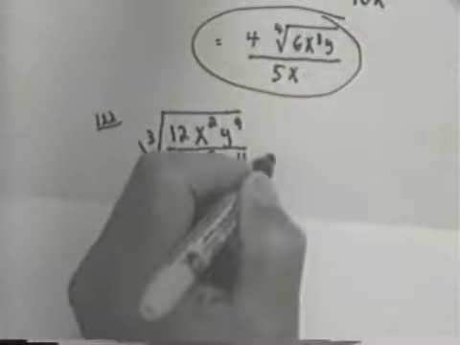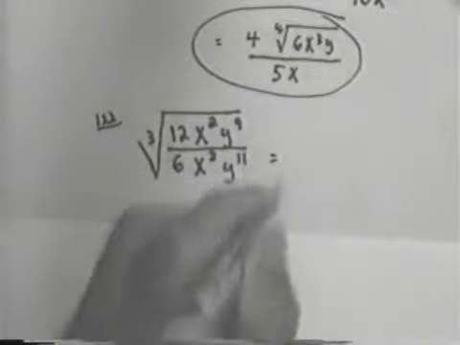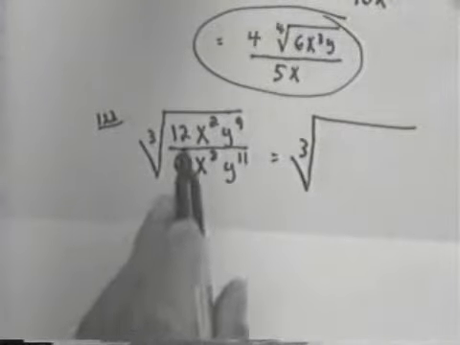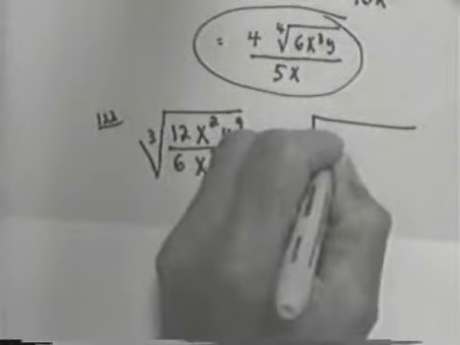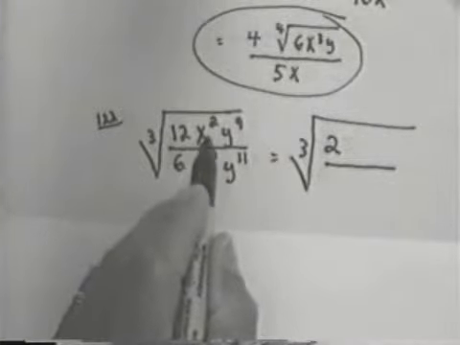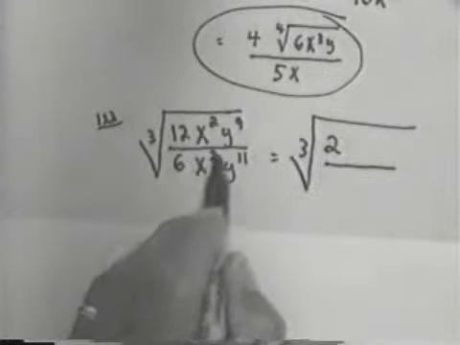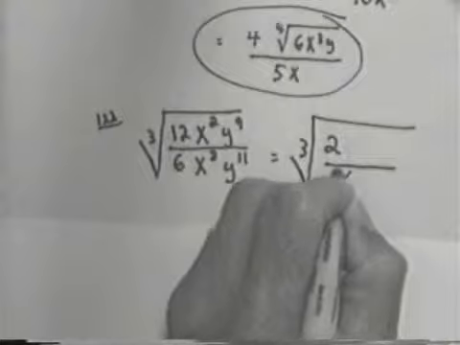Well, you always want to work inside symbols of inclusion first. So I'm just going ahead and reducing inside. 6 is going into 12 2 times. Okay, we've got x squared over x cubed. I can say x squared goes into x squared 1 time, x squared goes into x cubed x.